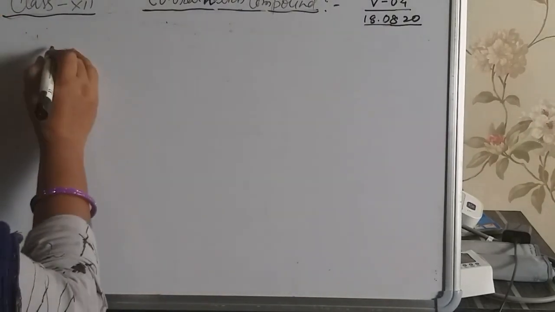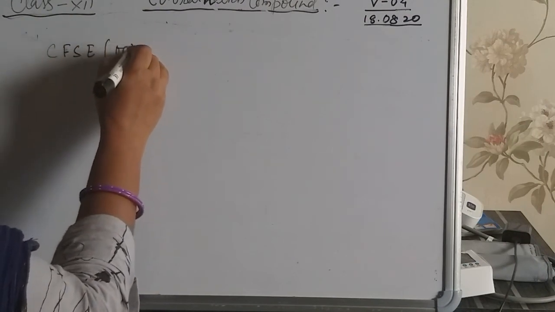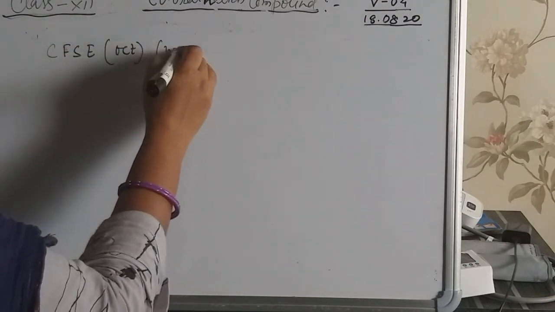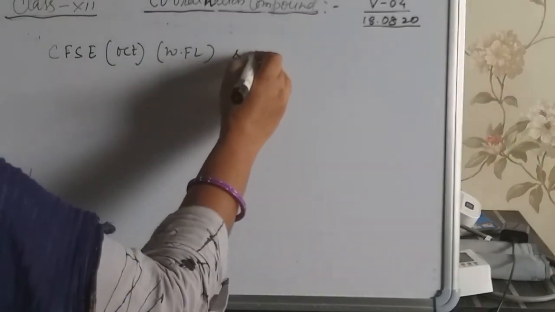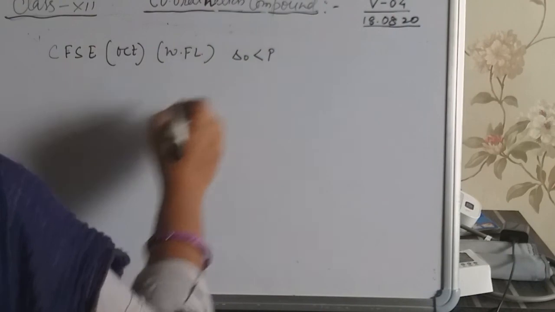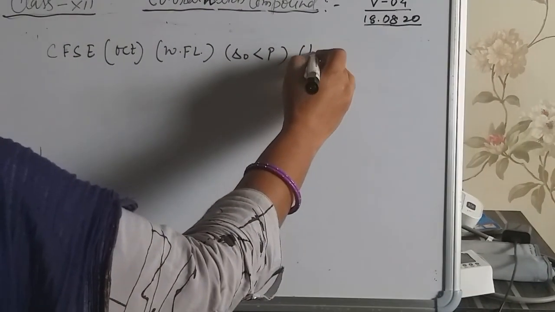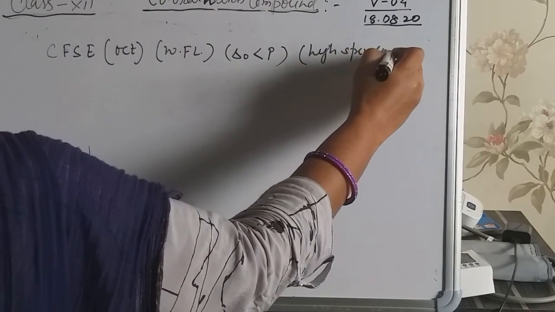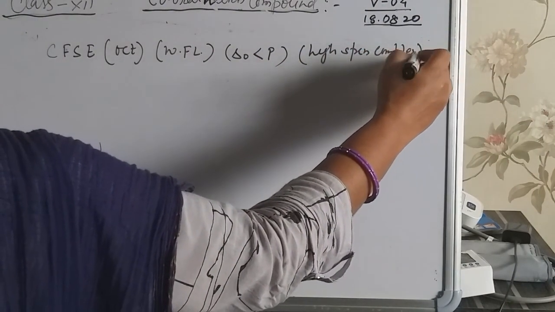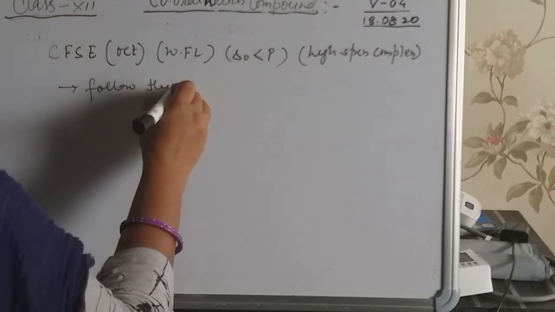So we can say that for the crystal field splitting energy in the case of octahedral with weak field ligand, delta naught is less than the pairing energy, and it is a high spin complex, and this will follow Hund's rule.